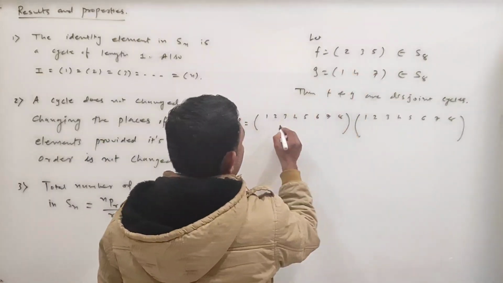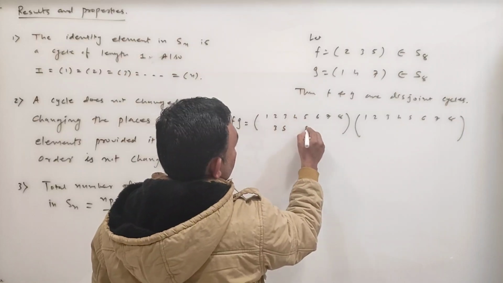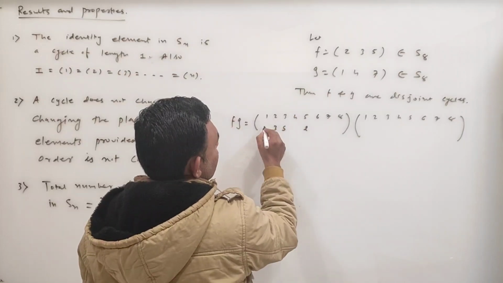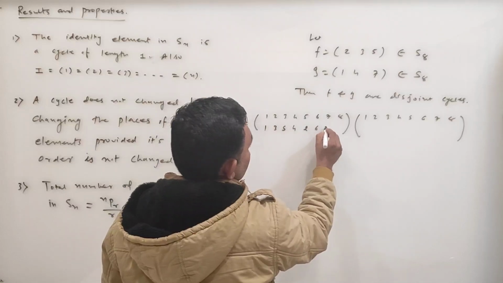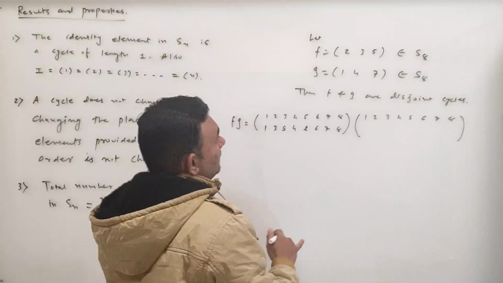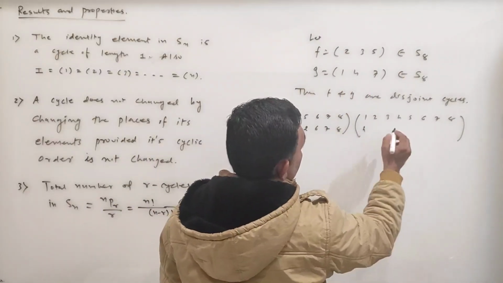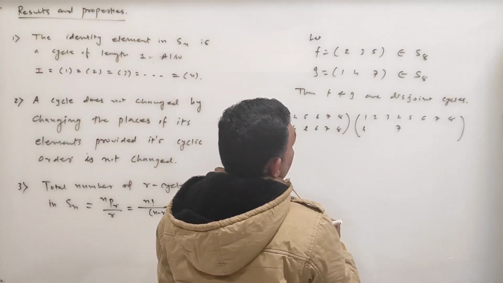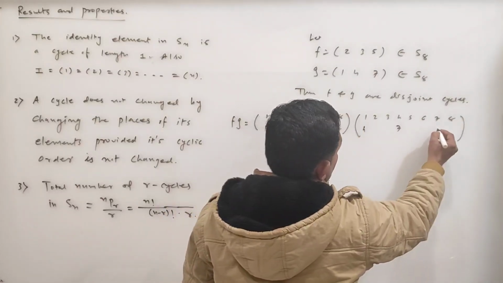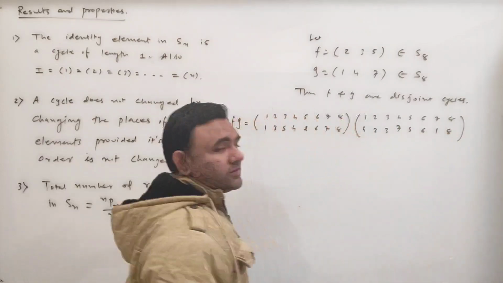Then 2 goes to 3, 3 goes to 5 and 5 goes to 2, and the remaining are as they are: 1, 4, 6, 7, 8. Here 1 goes to 4, 4 goes to 7 and 7 goes to 1, and the remaining 2, 3, 5, 6 and 8 are as they are.